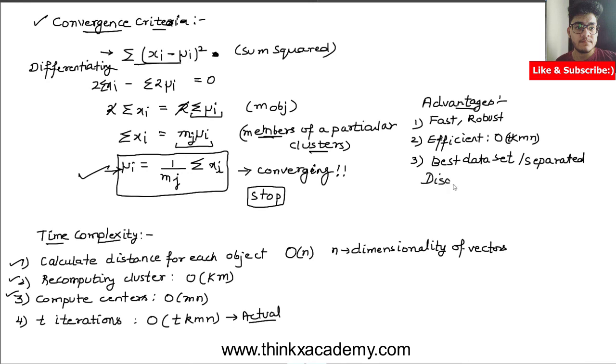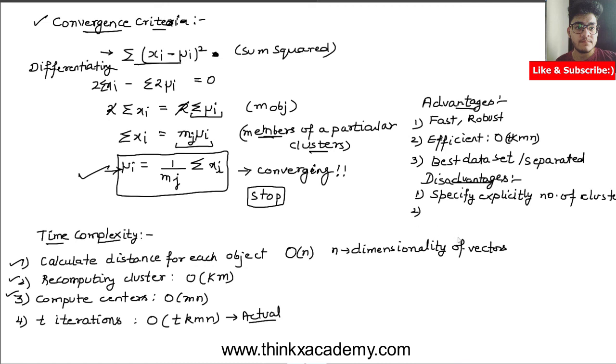Now let's take a look at the disadvantages of using the k-means clustering algorithm. So the first disadvantage is that it requires us to specify the number of cluster centers, right? We will have to specify explicitly the number of clusters, which is k. So we will have to supply it with some value, and this is a disadvantage.